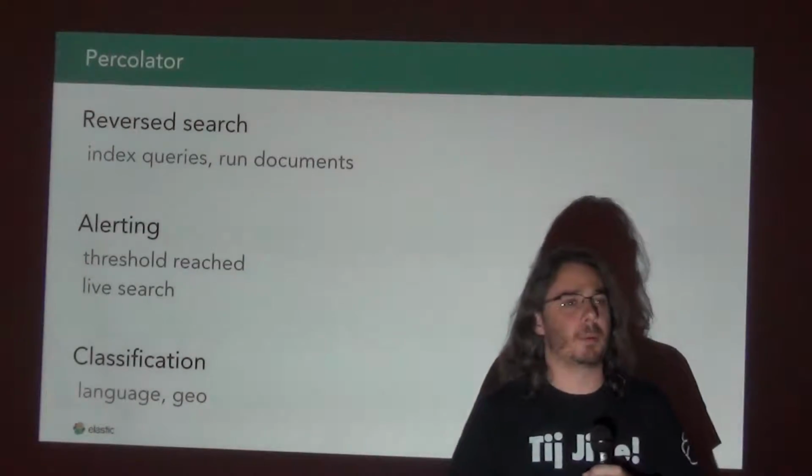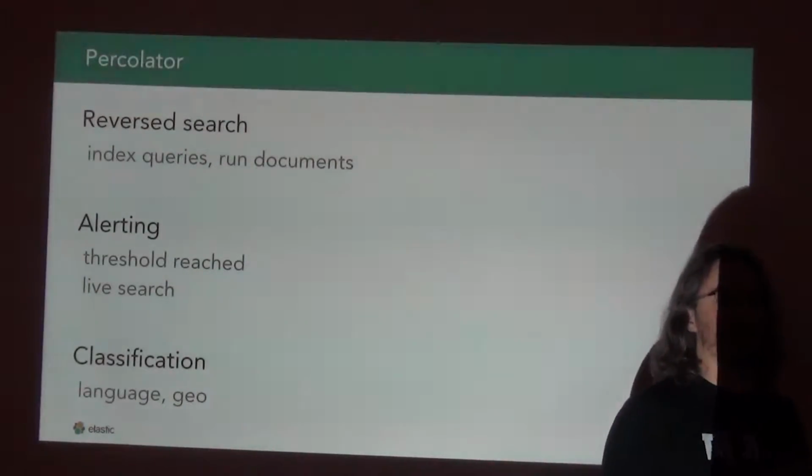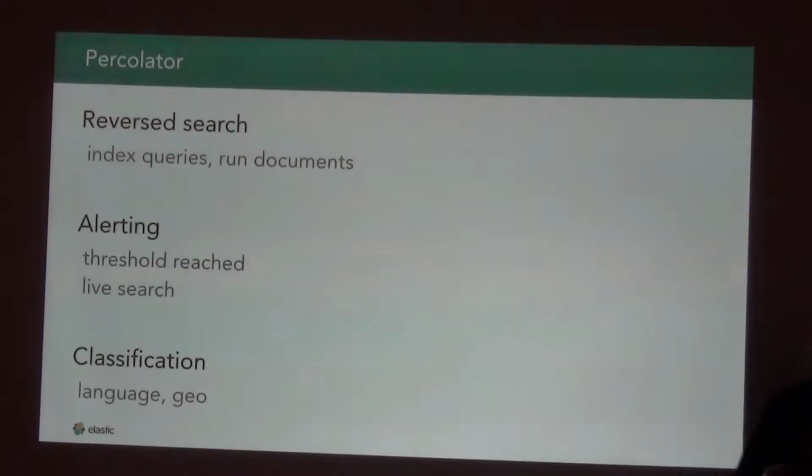Some people use it for live search. If you've ever seen a search on a website, and then you look through the results and suddenly it pops up that there are 5 new results, that's what we call live search. And it's very easily doable with the percolator.